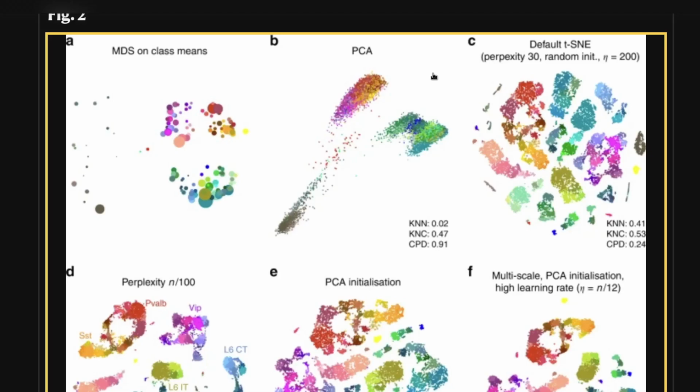Spearman correlation between pairwise distances. C. Default t-SNE with perplexity 30, random initialization, and learning rate 200. D. t-SNE with perplexity 238. The labels denote large groups of clusters. E. t-SNE with PCA initialization. F. t-SNE with multi-scale similarities. Perplexity combination of 30 and 238, PCA initialization and learning rate.